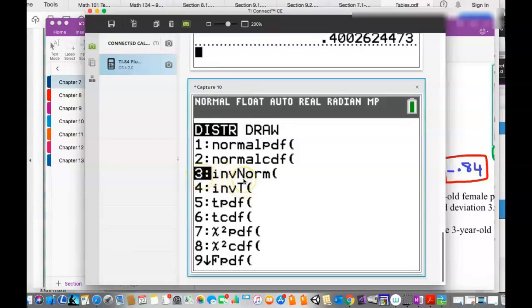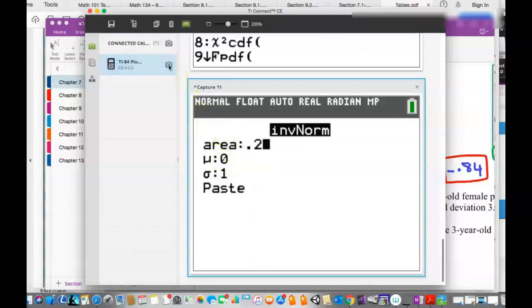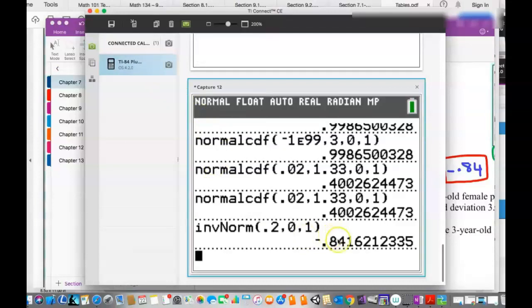Then press enter, enter your data. For area we have 0.2, mean as 0, and standard deviation is 1. Then press enter, enter, enter, again enter. This is what I have. Okay, I have negative 0.84.